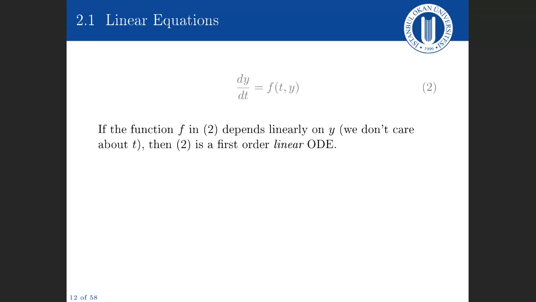So we're going to be looking at dy dt is equal to f of t and y, where our function f depends linearly on y. Remember, we don't care what functions of t we have, but we want our function f to depend linearly on y.